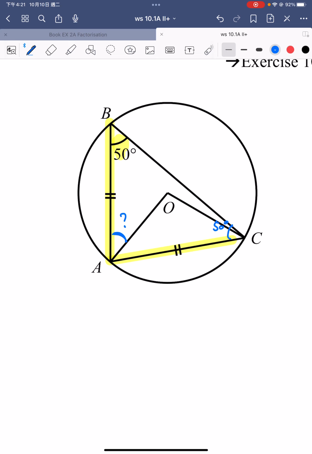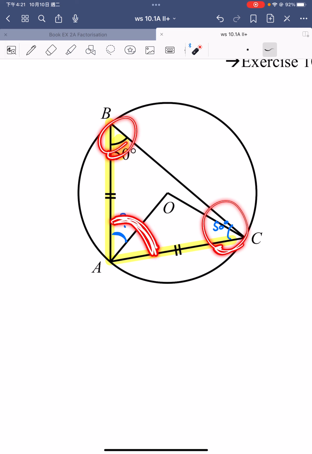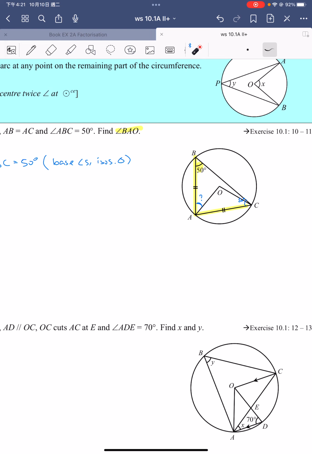After that, how can we find out what's the angle here? It's like there's no relationship, isn't it? But now we get 50 degrees here, which means that we can find out this angle, the angle A. The question is asking about this angle, but a little bit more, but at least we find something, right? So we can find the angle BAC.